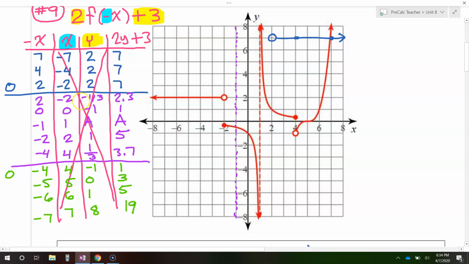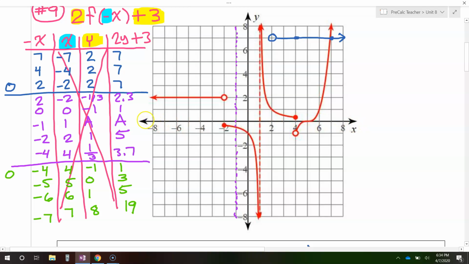Okay. Now 2 comma 2.3. That's going to be 2 comma 2.3. 2.3 would be right here. You know what? I'm remembering something else. The horizontal asymptote, we need to pay attention to where that is as well.